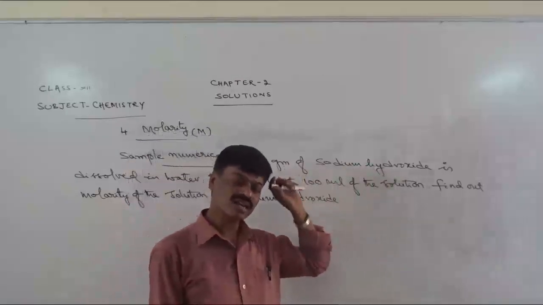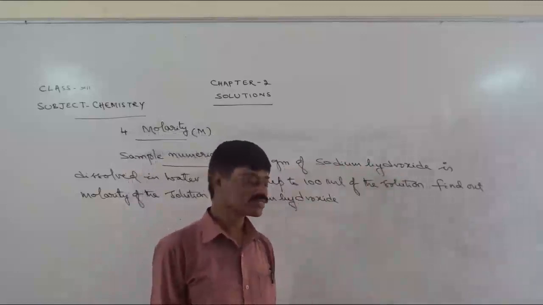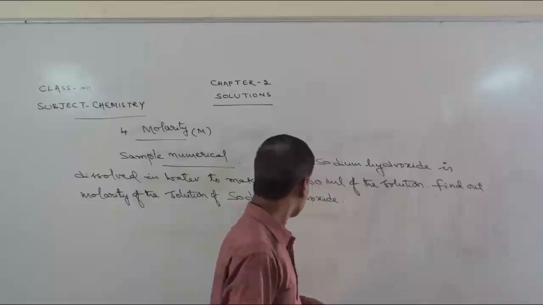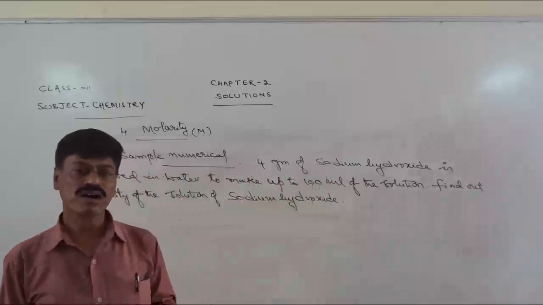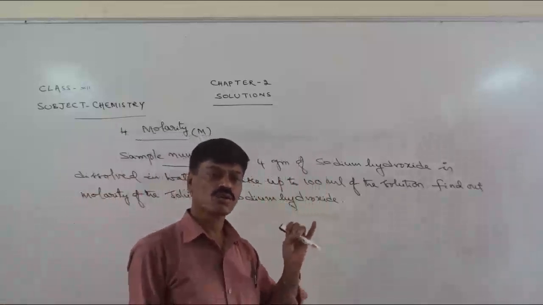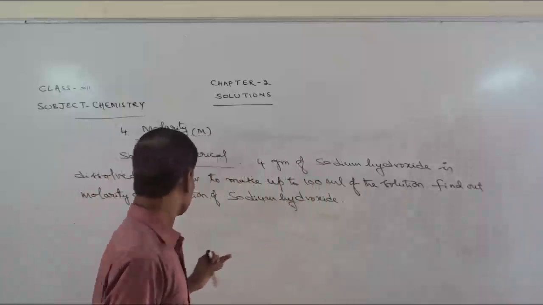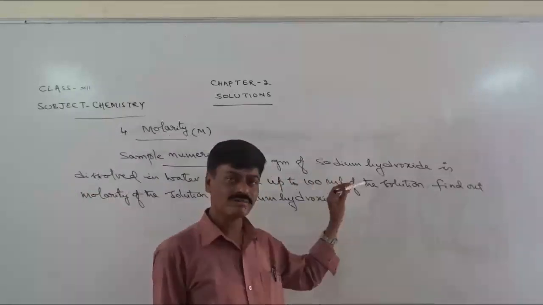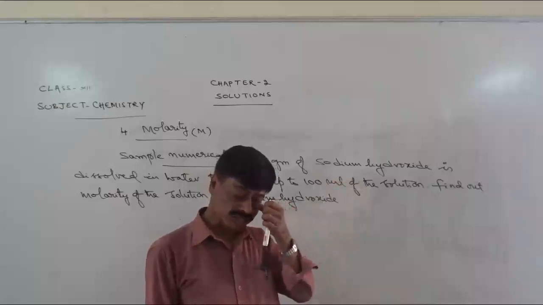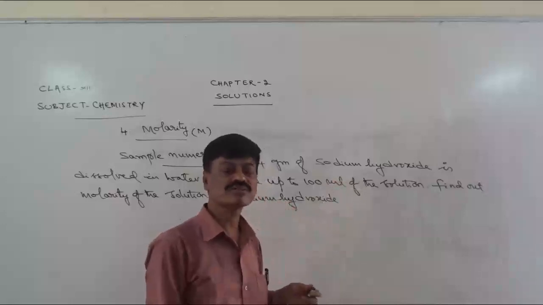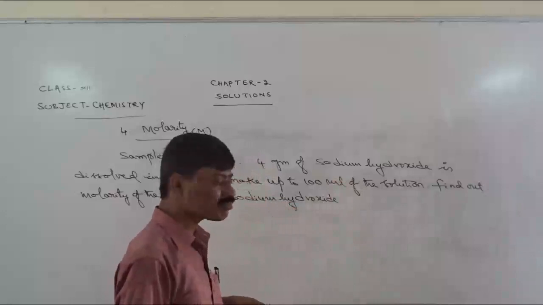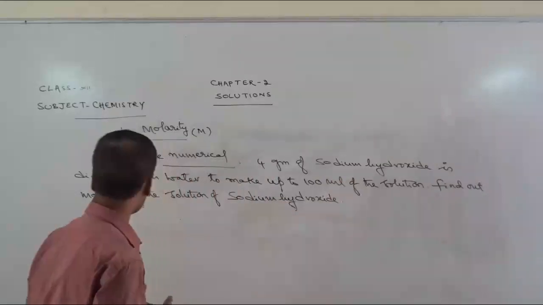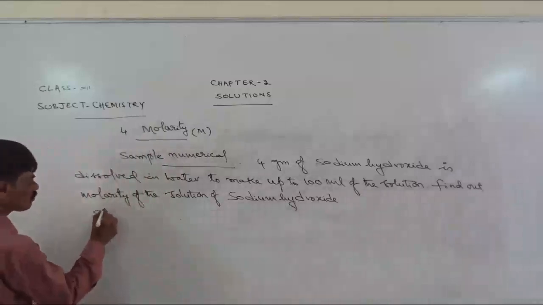When all these atomic masses are added and expressed in terms of grams, then it is said to be the molar mass. So mass is known, molar mass is known, and the volume of the solution we are required to make up to is 100 ml. So volume is also known. Just by substituting these 3 values in the formula, we will get molarity of the solution. This is how you need to work out. Now let us see this solution in short.